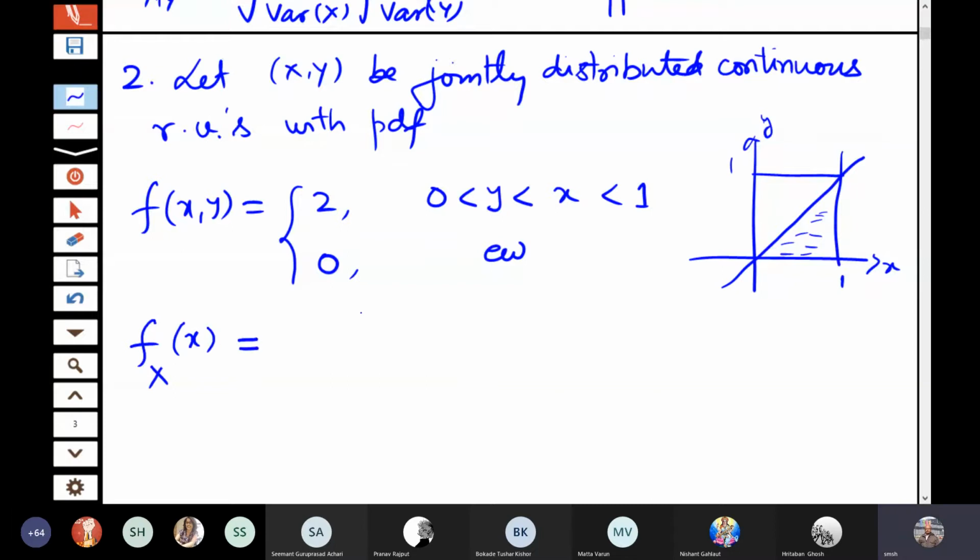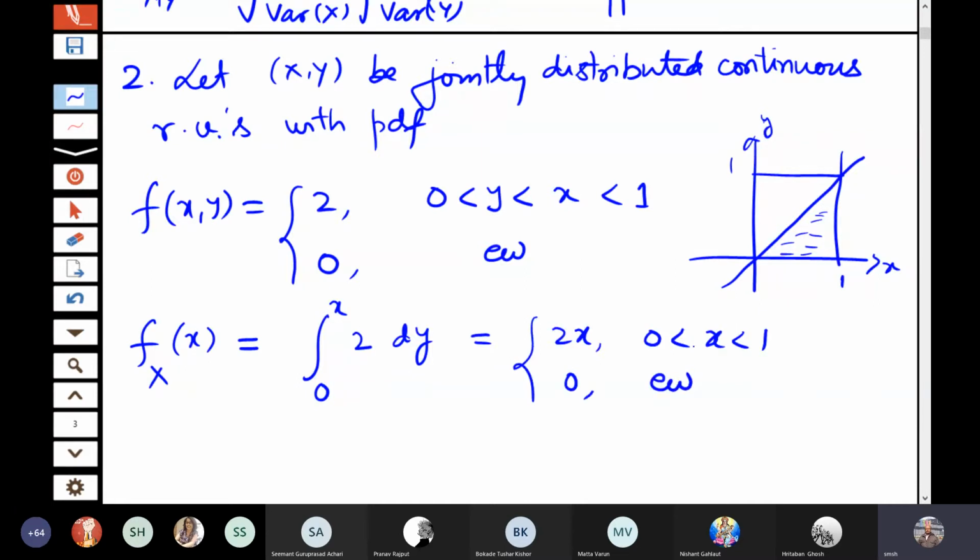The marginal distribution of x is obtained by integrating the joint distribution with respect to y. Now the region of integration of y for a given x is 0 to x, that is 2x. Similarly, the marginal distribution of y is obtained by integrating the joint distribution with respect to x, and for a fixed y, the region of x is from y to 1.